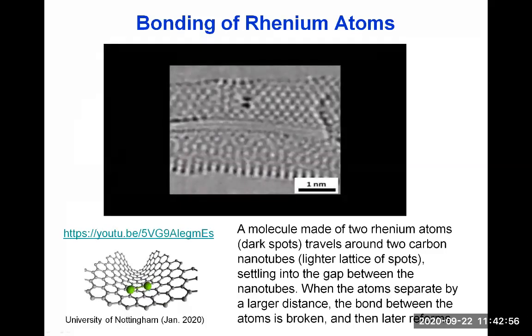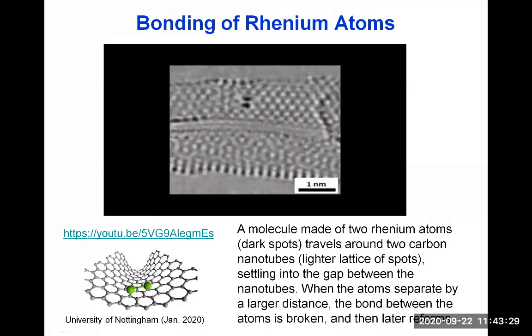But let's look at this electron microscope imaging of two rhenium atoms. It's a molecule made of two rhenium atoms, and we see them as two dark spots here in the upper part of the image. They travel around two carbon nanotubes, and that's the lattice. So you see two tubes made of dark and light contrast.